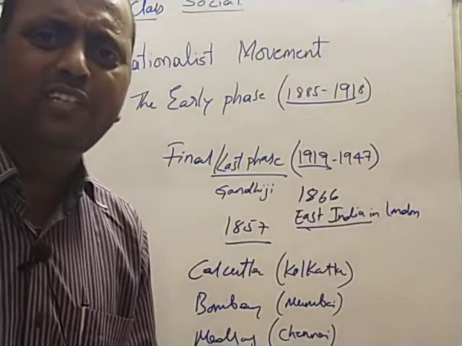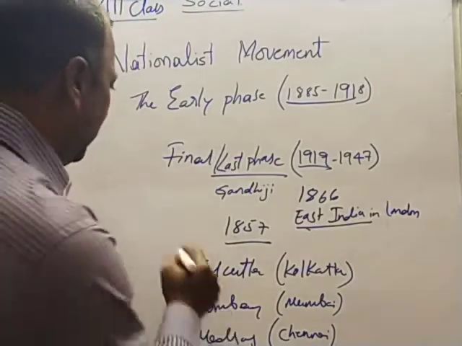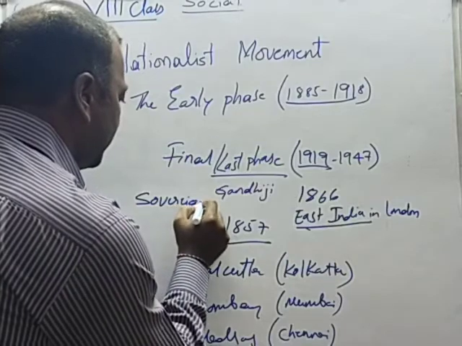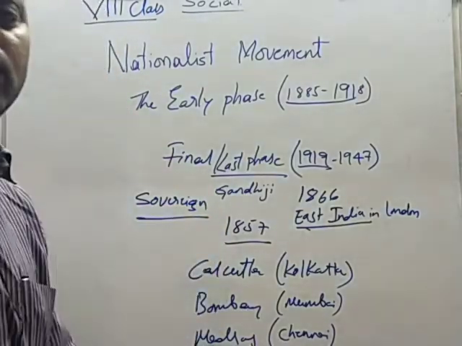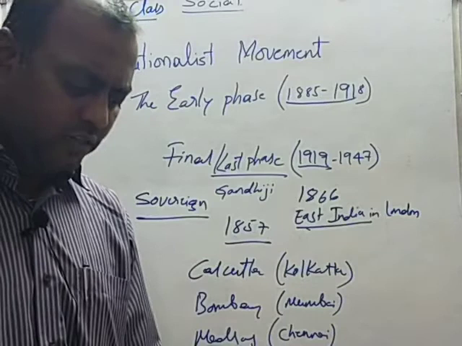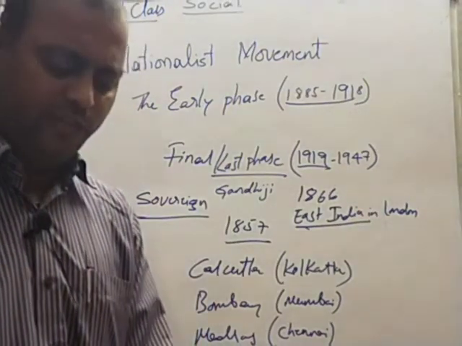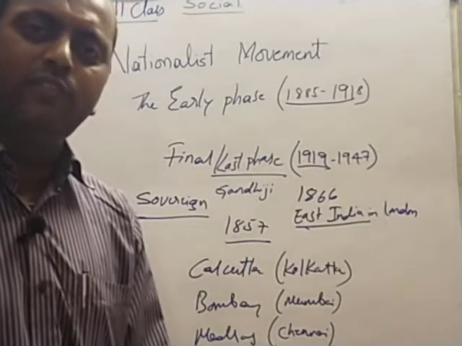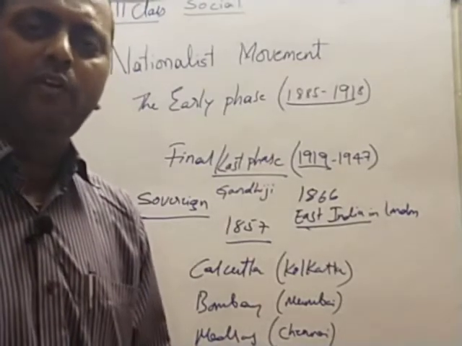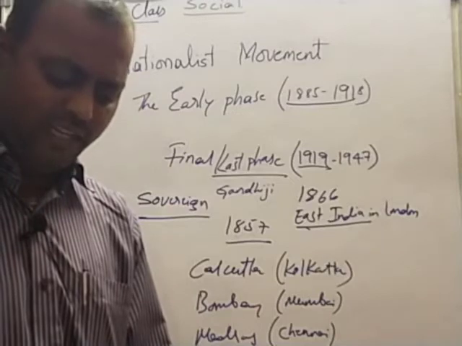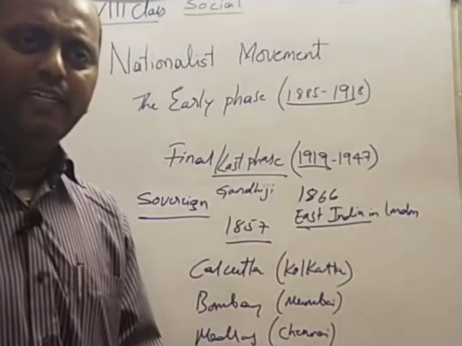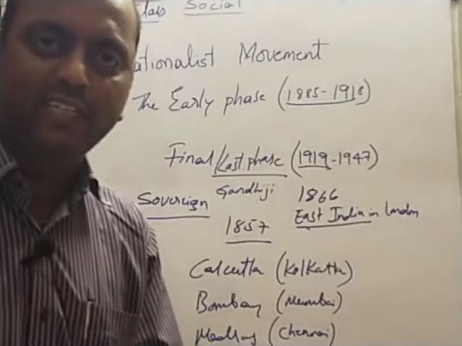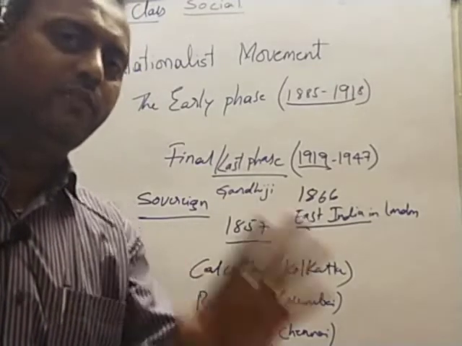What is sovereign, children? This is a new word we have come across. I will tell you what is sovereign. In a modern consciousness, it is a key feature of nationalism. Sovereignty is a key feature of the modern democratic setup. So, what does this mean? In other words, they believed that Indians should be empowered to take decisions on their own in all their affairs.